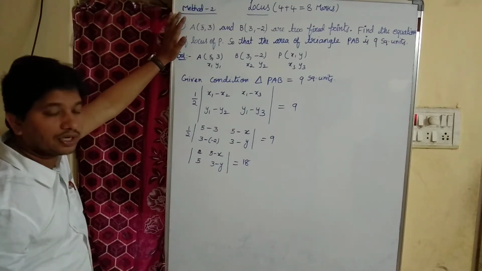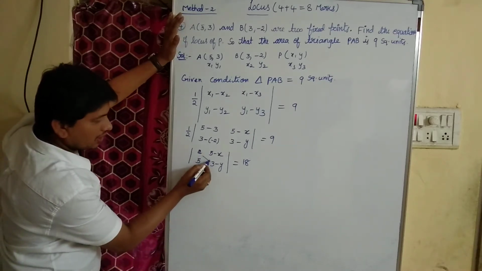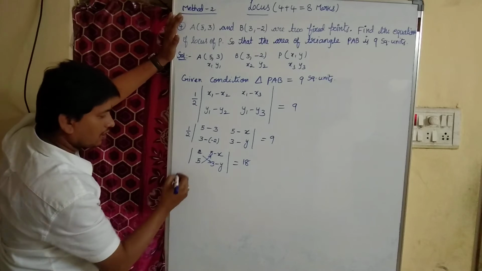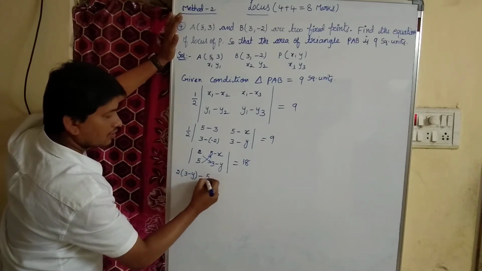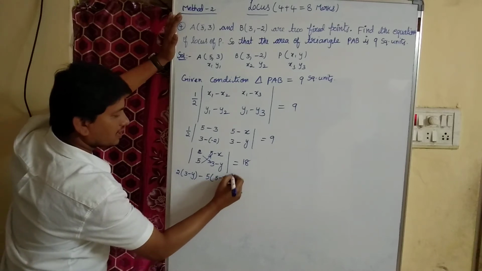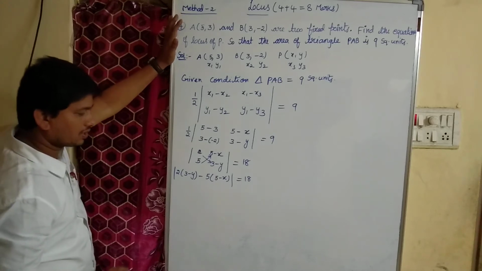Okay, now for a 2 by 2 determinant we call it AD minus BC. 2 into (3 minus y) minus 5 into (5 minus x) is equal to 18 square units.